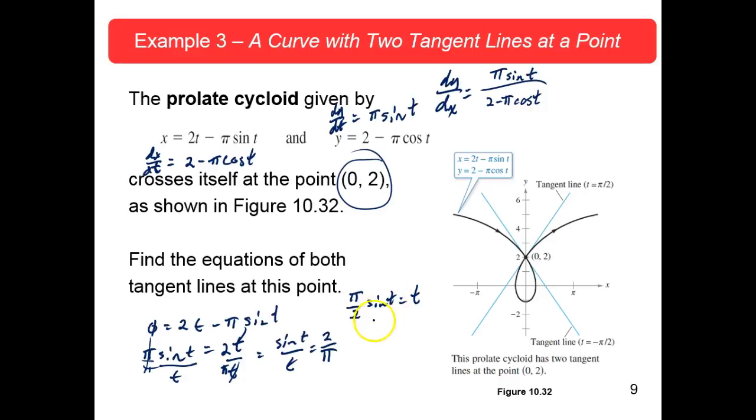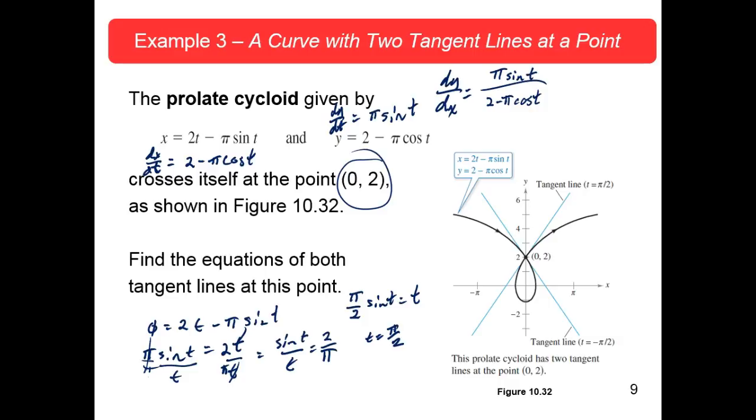So it looks pretty obvious that when t is equal to pi halves, you get one of these points, because sine of pi halves is 1. Now, it seems like there should be an analytical way to come up with it rather than just looking at it and seeing that. But sometimes looking at it is not too bad a thing.